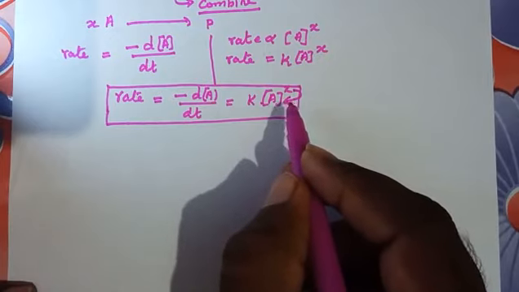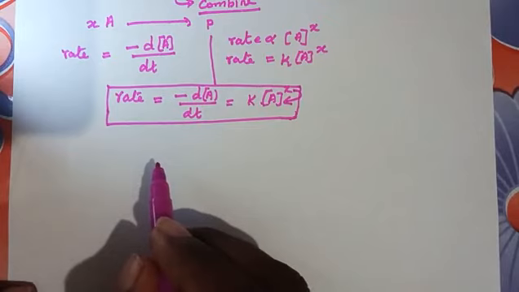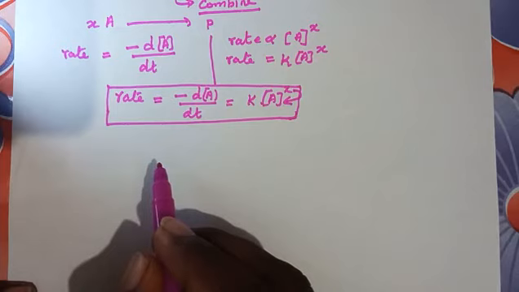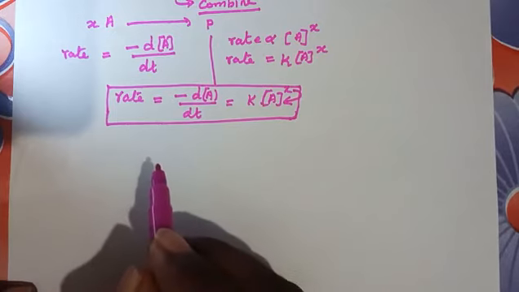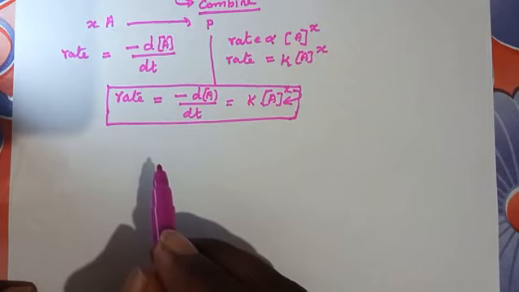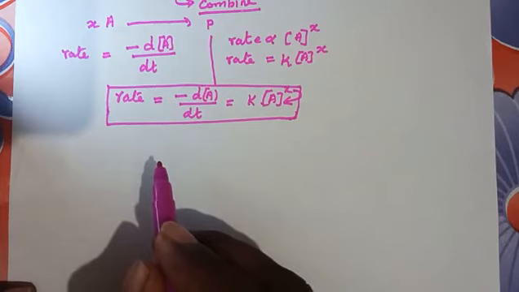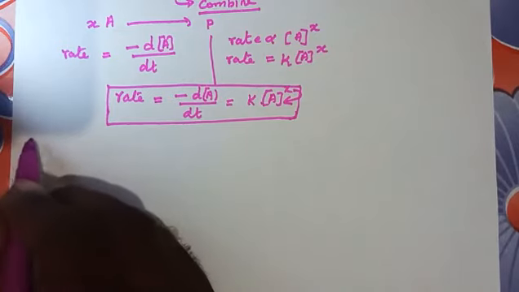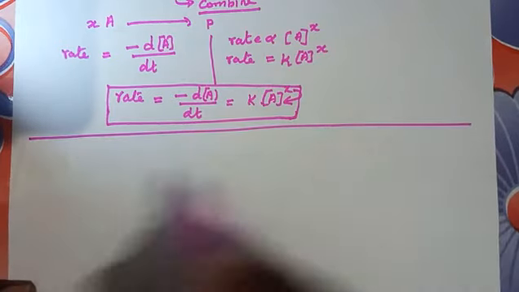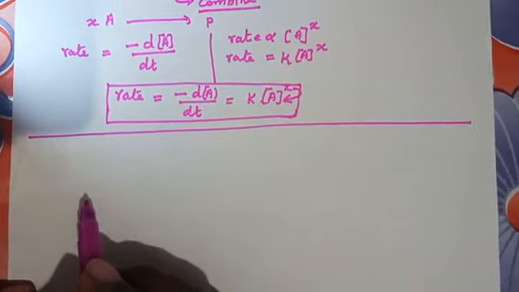This combined form of rate law can explain the rate of the reaction in depth, but it cannot tell us the concentration present at an instant of time. So to identify the concentration present at a particular instant, we can develop this rate expression for a particular order.